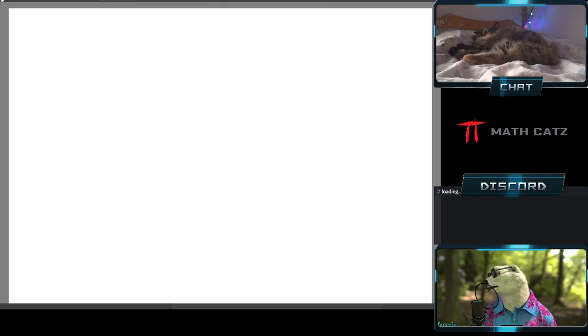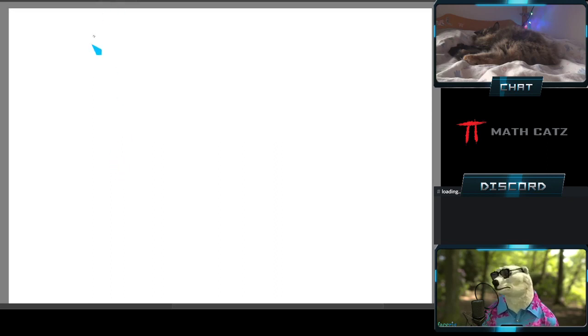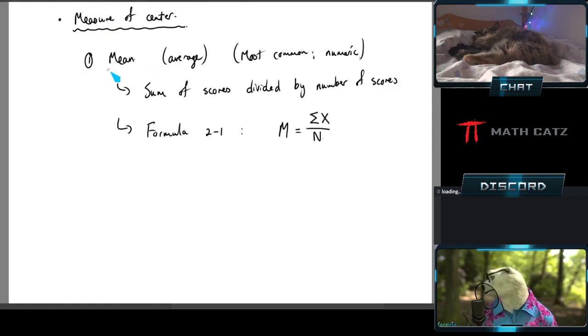Good. So the mean is the first of these. Another one is the mode. That is definitely important to keep in mind when I'm trying to describe a distribution.